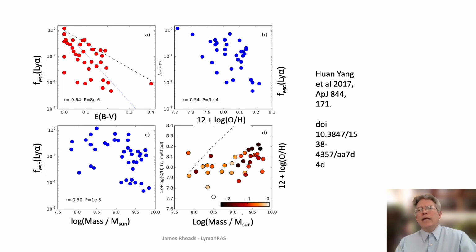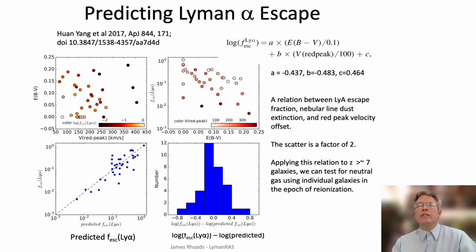So what you can do is take these different parameters and try to use them to back out a formula for predicting the Lyman alpha escape. And Huan's formula is this one here. It's based on just 2 of the key measurables, E(B-V), which you're measuring from the Balmer decrement, and the red peak velocity.